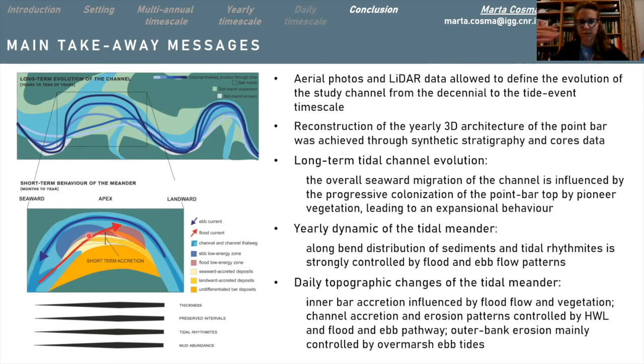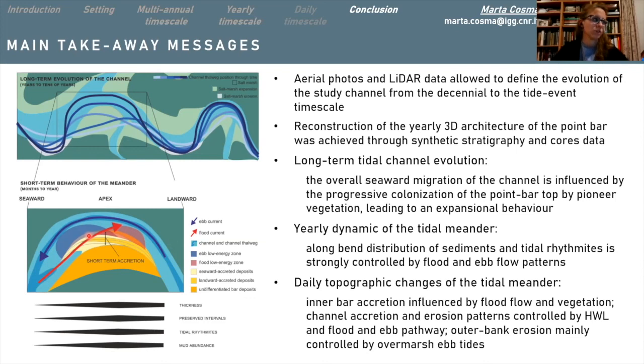So if you say that there are 22 tides in a neap-spring cycle at that kind of elevation, a part of those tides will not have enough energy to transport and deposit sediments in that portion of the bar.